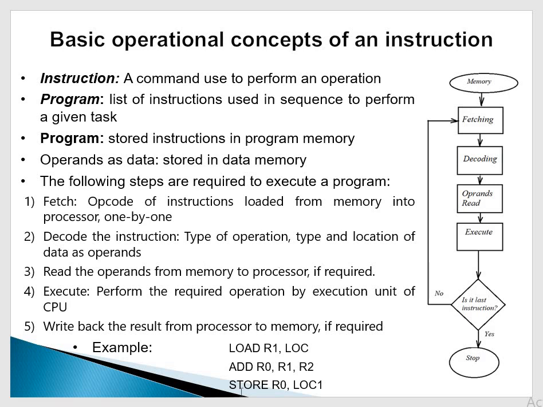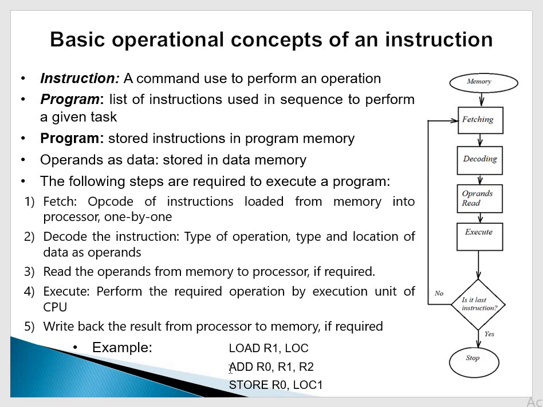If we look at these three instructions given here, in the case of the first instruction, after the decoding, the processor comes to know that it has to load the data from the external memory, and whatever data is loaded from the external memory will move to internal register R1. So naturally it has to read the operand from the external memory.